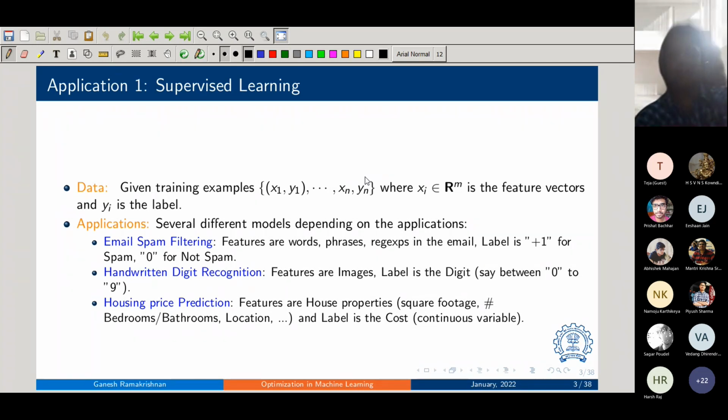And the idea in classification is that your labels are all plus minus 1, whereas in regression you're dealing with labels which are continuous valued. Sometimes you may also want them to be discrete. So this is an example from classification where your labels could be plus or minus 1.